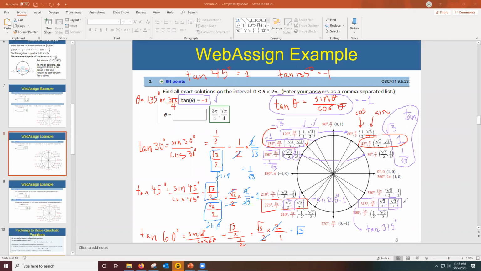It's just that the sine is negative and the cosine is positive. So does it make sense? This answer for the tangent here is going to be -1. So the second answer here for this problem is 315 degrees or 7 pi over 4.